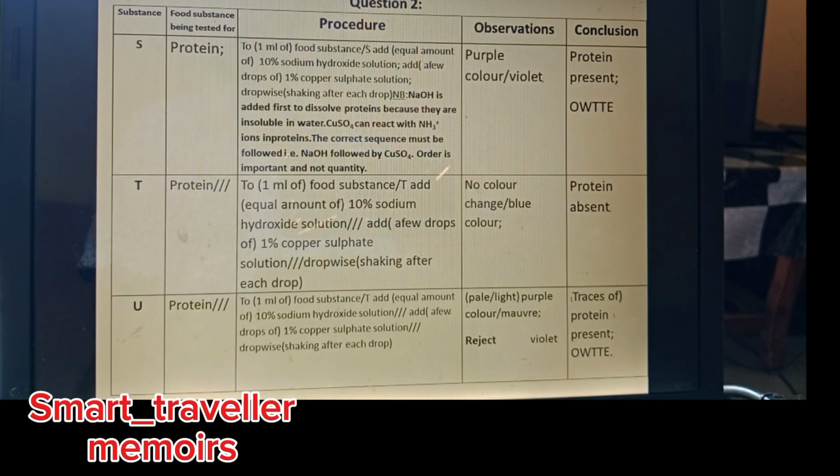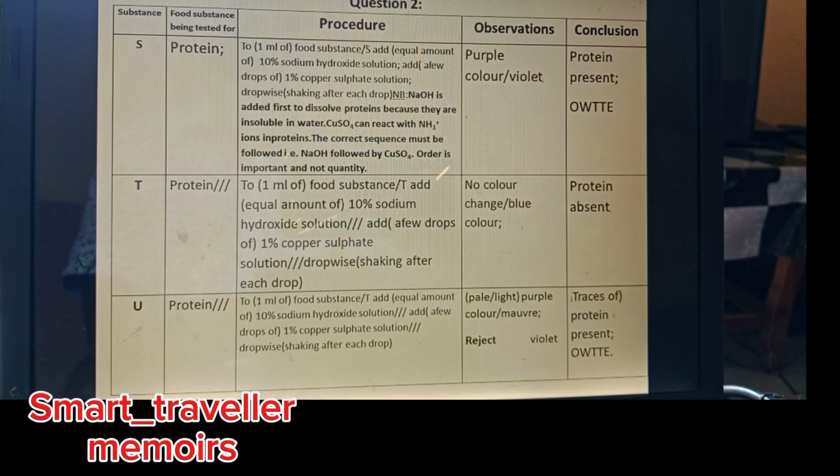But note, sodium hydroxide is added first, and the reason is to dissolve proteins because they are insoluble in water. Copper sulfate can react with ammonium ions in proteins.